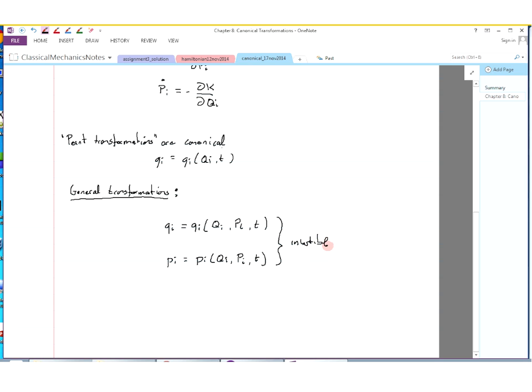And of course, we require that these are invertible. By invertible, I mean that you can write the capital Qi as a function of, in this case, the little qi, capital Pi, and t.